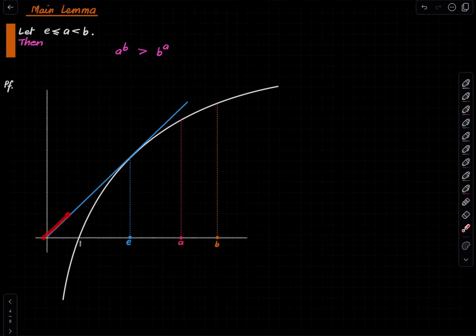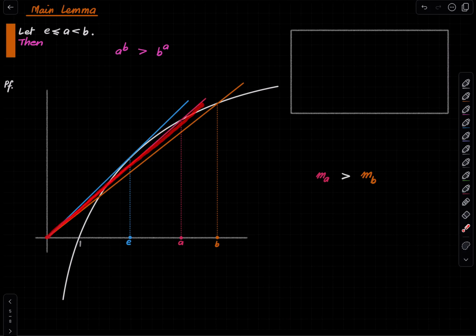So this is the tangent line that we just discussed, and if we draw these 2 lines, the line corresponding to the point A and the line corresponding to the point B, their slopes will successively decrease. That is clear from the picture. That has to be argued formally, but that's another thing. So we have that the slope corresponding to the point A exceeds the slope corresponding to the point B.